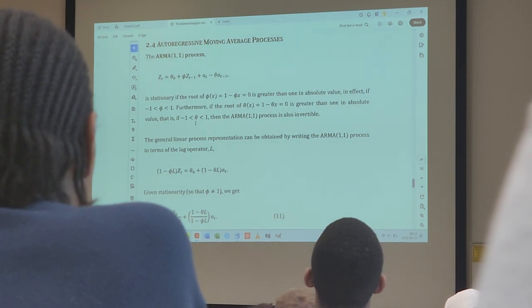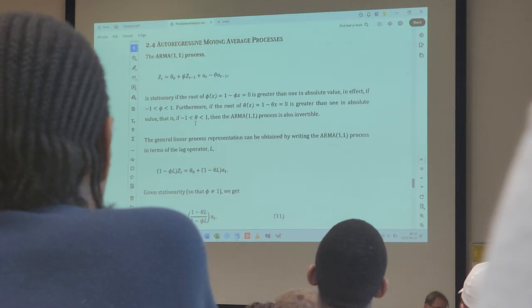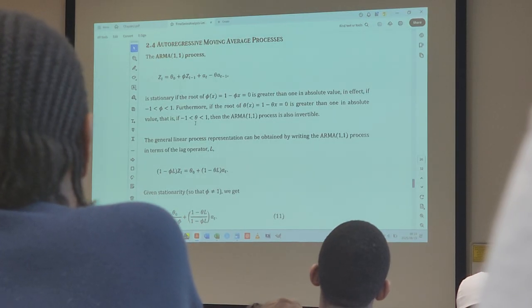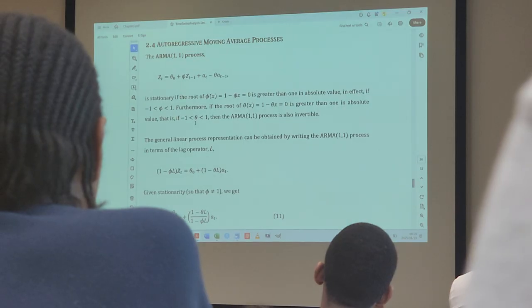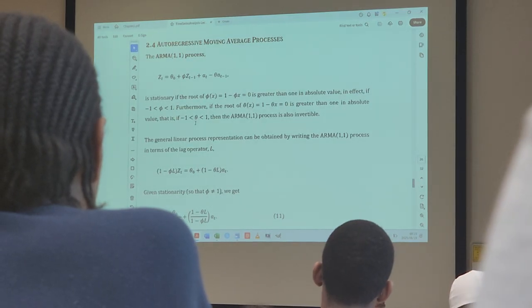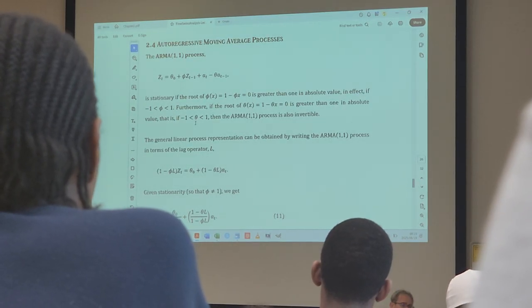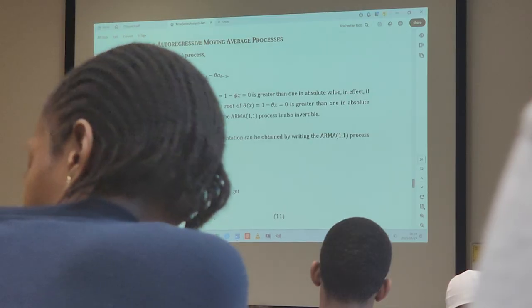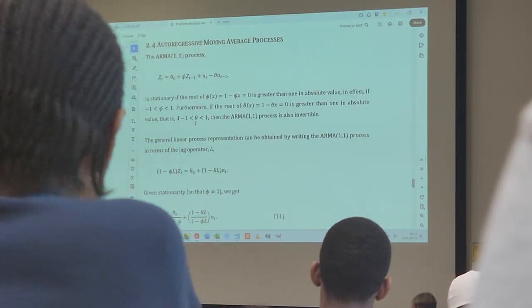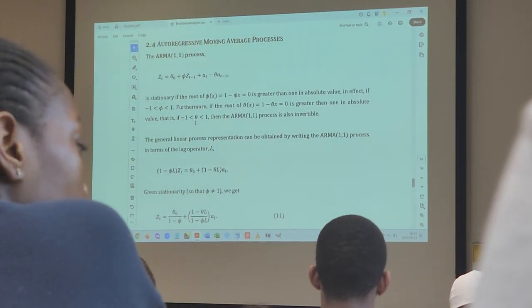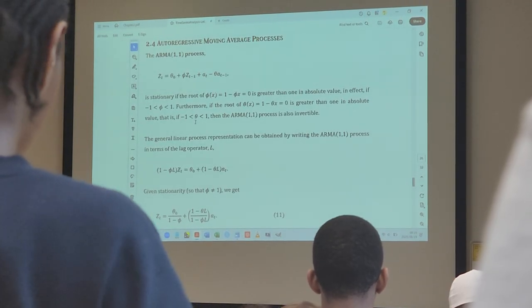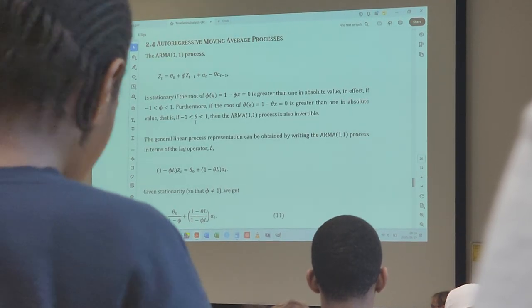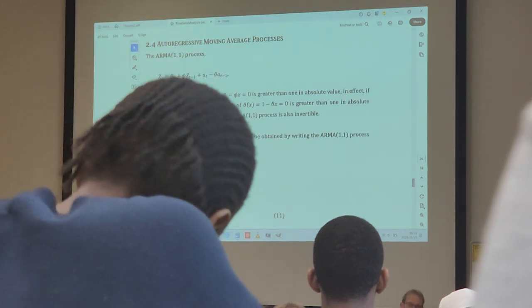Those are the conditions. Remember, what is stationarity? Stationarity is that the mean and the autocovariances are not functions of time, they do not depend on time. So the theoretical mean stays constant over time, the variance stays constant over time, and the autocovariances only depend on the lag k, not on time itself.